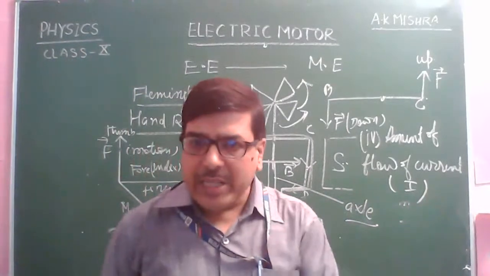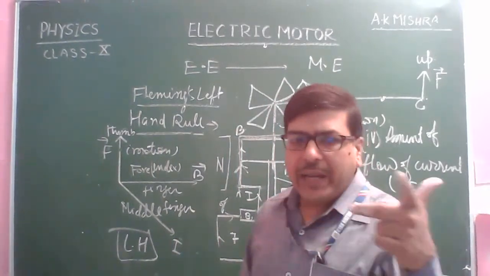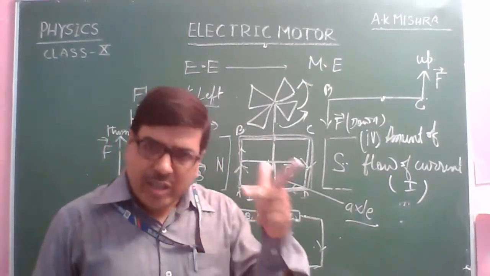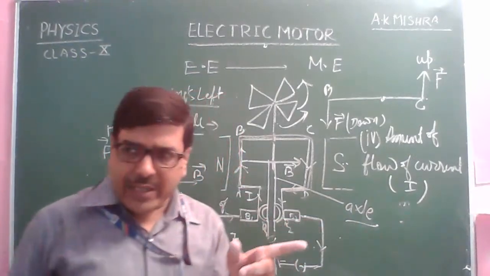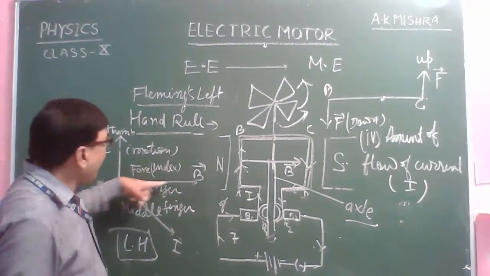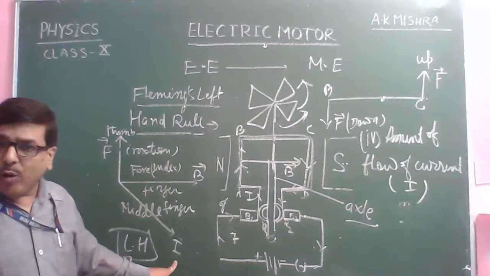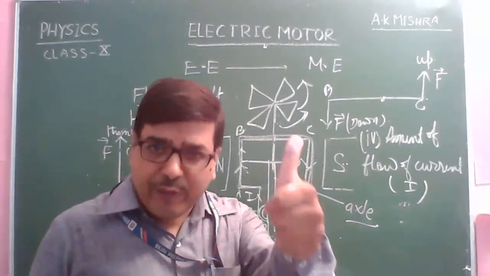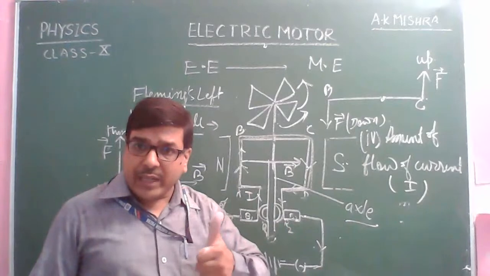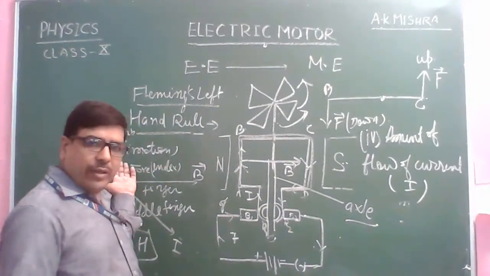Once again, the statement is: if the forefinger, middle finger, and thumb are stretched mutually perpendicular to each other in such a way that the forefinger indicates the direction of the magnetic field and the middle finger indicates the direction of flow of current, then the thumb of the left hand indicates the direction of motion, that is, the direction of the force exerted on the conductor.